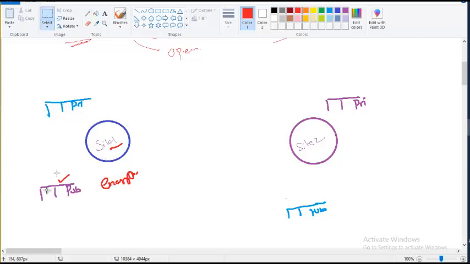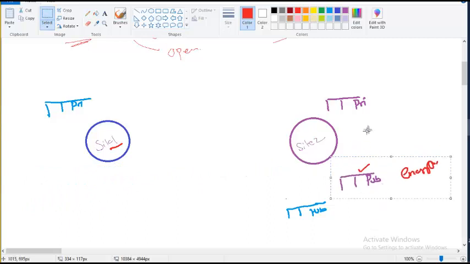Now the encrypted data is going to the other side, which can be decrypted only by this key. Whatever is encrypted by the public key can be decrypted only by the private key of that same pair, same combination.